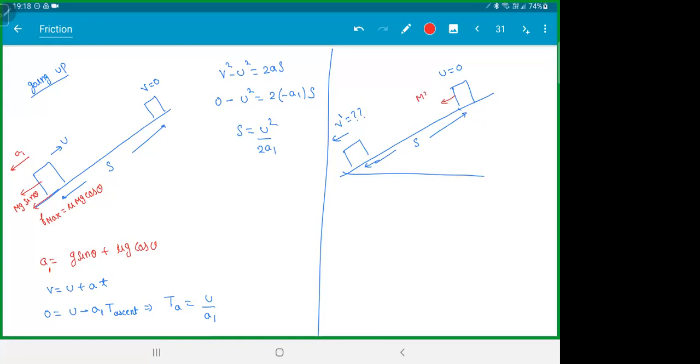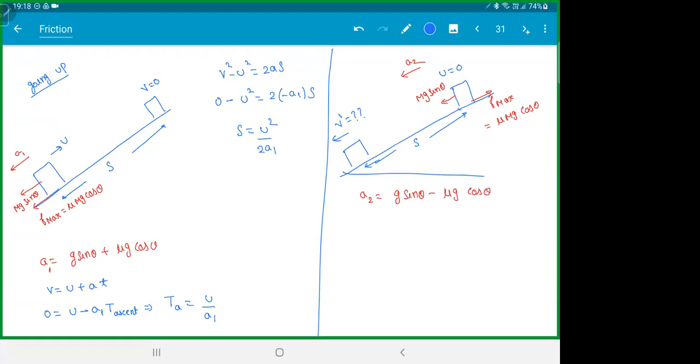And this guy would be mg sin theta, and this would be your f max, which is mu mg cos theta. And this acceleration will be a2. So a2 is equal to g sin theta minus mu g cos theta. I can't use v is u plus at because I don't know v dash.